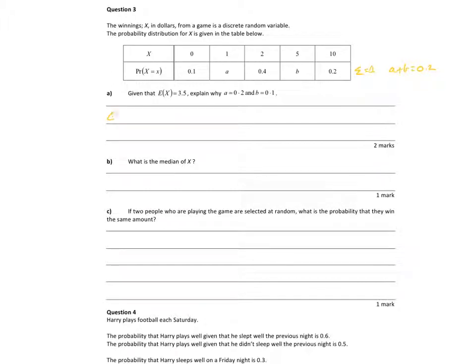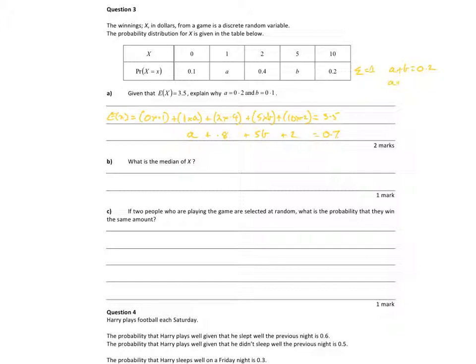So that means E of x is equal to 0 times 0.1 plus 1 times a plus 2 times 0.4 plus 5 times b, 10 times 0.2, and that has to equal 3.5. So I get a plus 5b plus 0.8 plus 2, so 2.8 on this side, subtract it, so that must be 0.7.